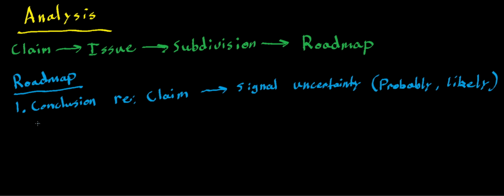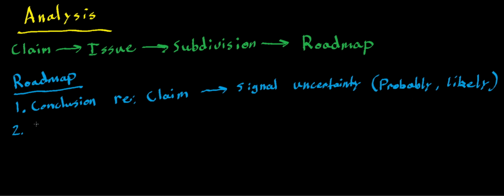But that's the important part, is that you state your bottom line conclusion and then you signal what level of uncertainty you have in your conclusion. Remember that the law is about prediction, and a legal memorandum should be somewhat like a weather forecast. Most of the claims that you analyze, you will not be 100% certain on. You are dealing with probabilities.